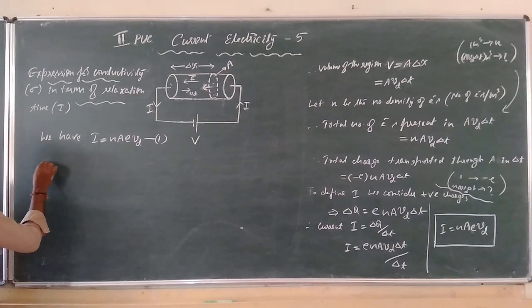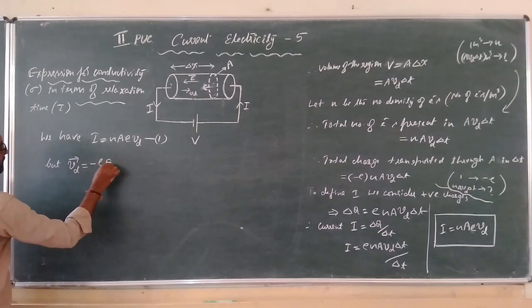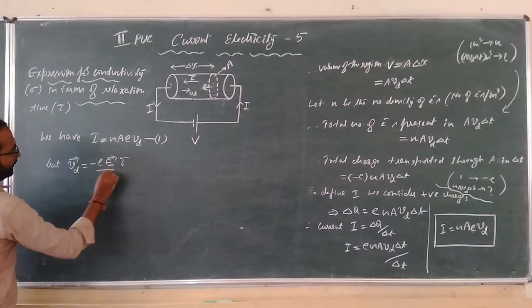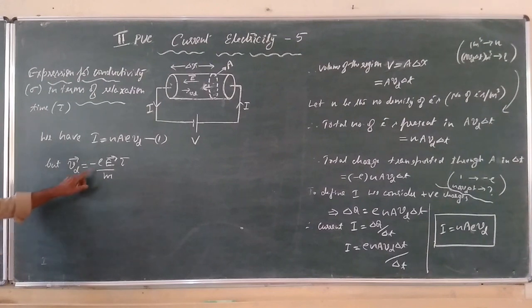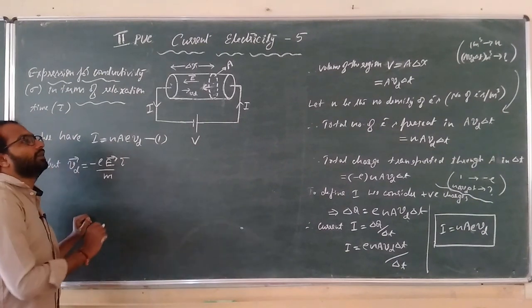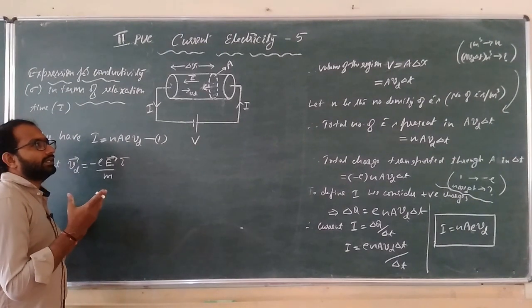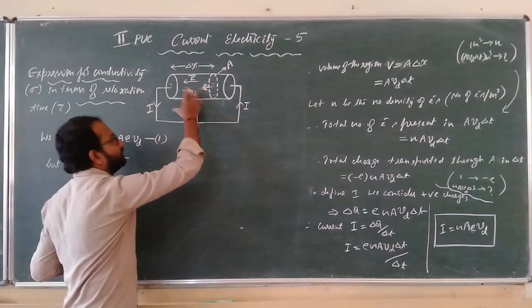Now what is v_d? We have the expression for drift velocity, vector v_d is equal to minus e E tau by m, right? Here e is the charge of the electron, E is the electric field applied, tau is the relaxation time. Relaxation time is of the order of 10 to the power of minus 14 second, it is very small, but that is enough for the current flow because the number of electrons present in the volume is large.